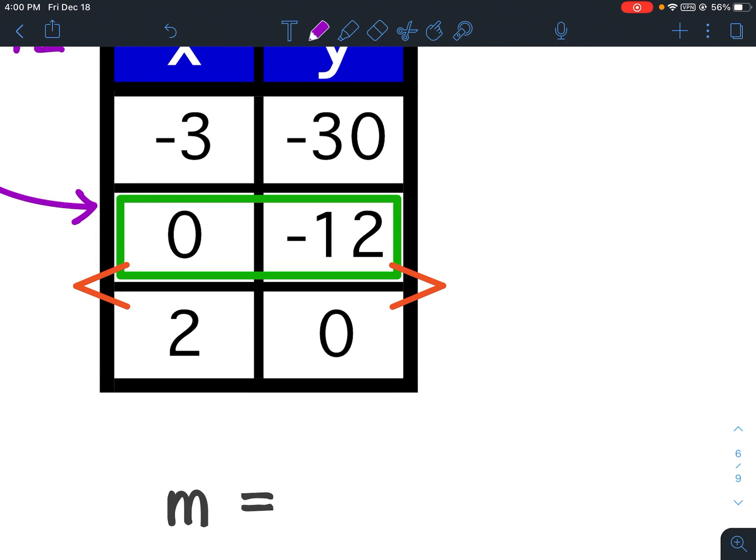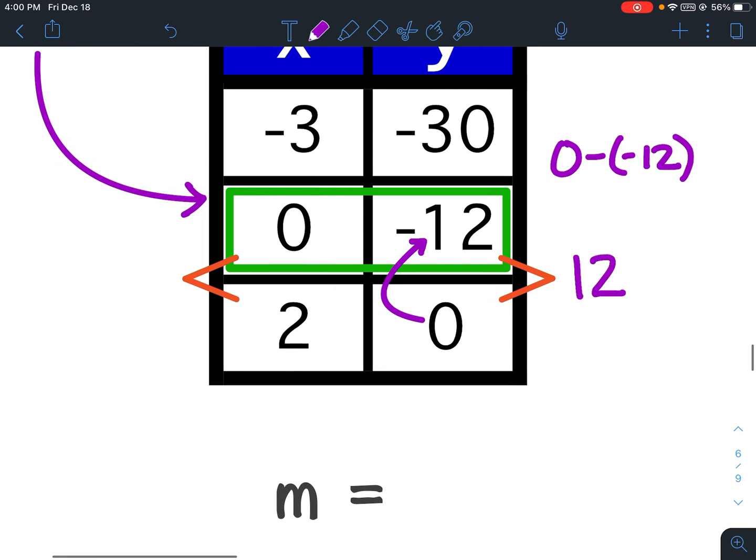To find my slope, I do a difference in y values over the difference in x values. So I'm going to start by subtracting 0 minus, sorry, 0 minus negative 12. Minus a negative would become positive, so this would be positive 12.